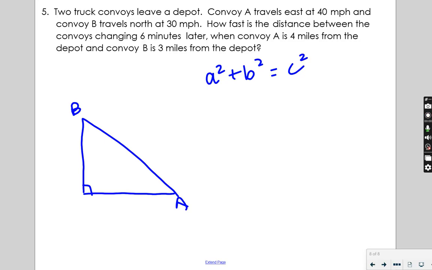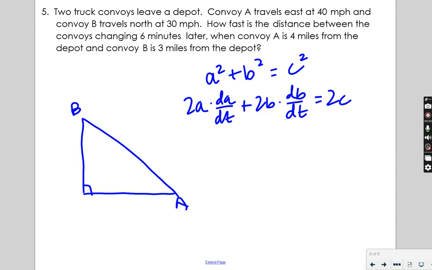We had this truck going that way, this truck going that way, the distance between them is changing, so I'm just gonna take the derivative. 2a times dA/dt plus 2b times dB/dt equals 2c times dC/dt. You could divide everything by 2 and get rid of the 2's right off the bat. Then you just had to plug in the right numbers.